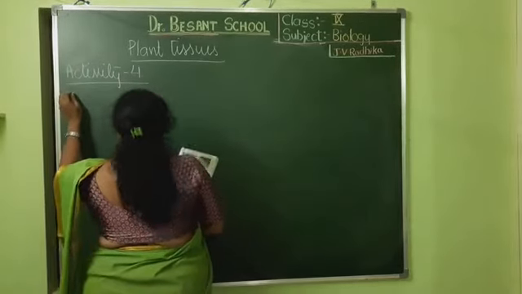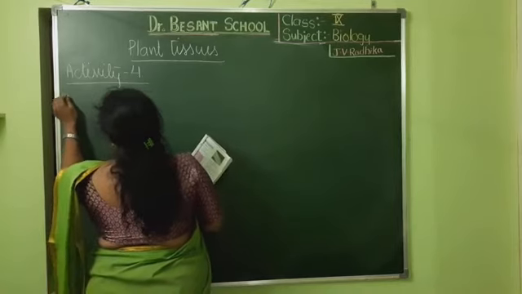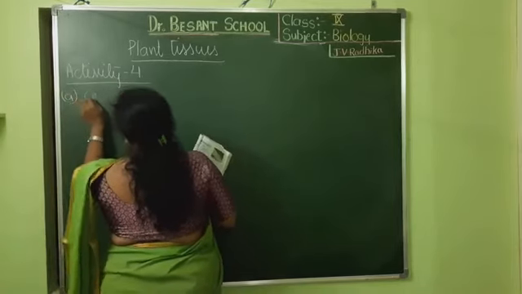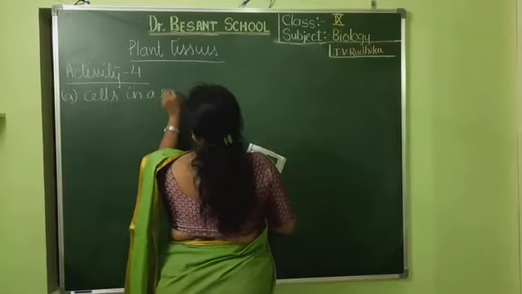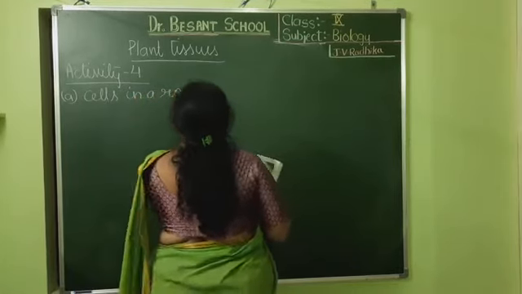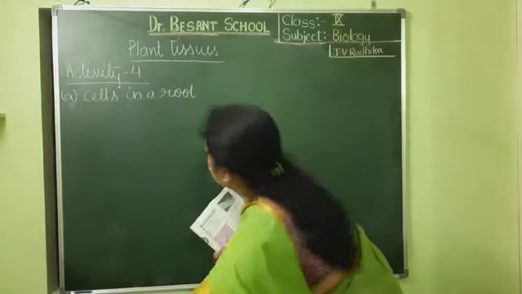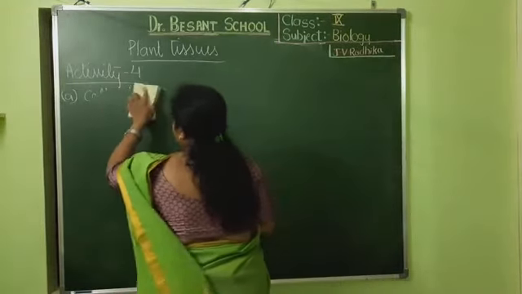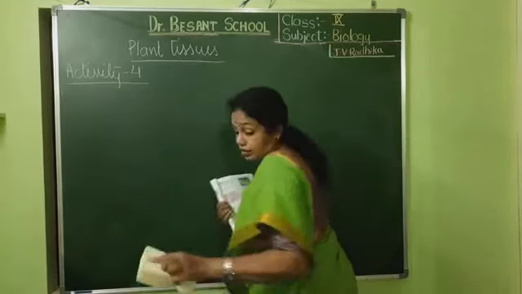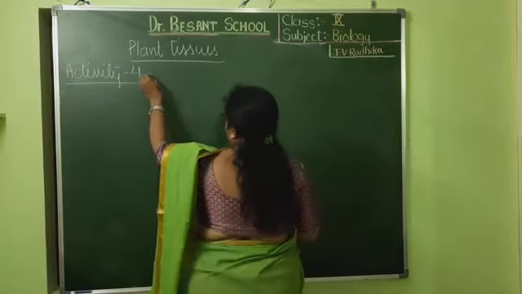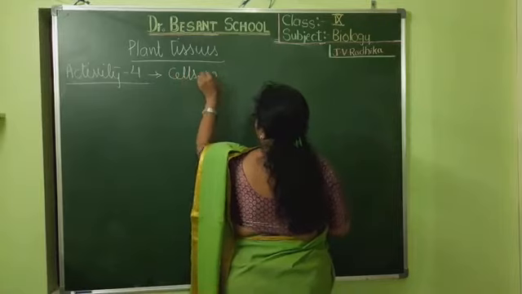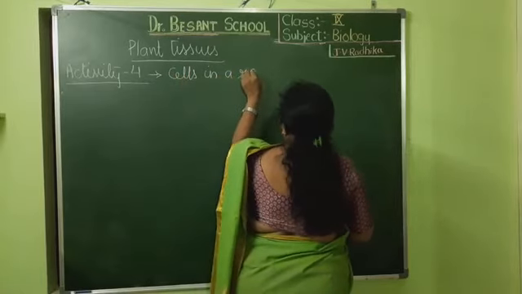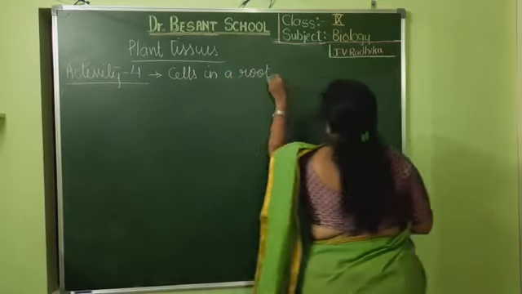Cells in a root tip. In this, A and B parts are given. I just write it on top so that I can save the space. Cells in a root tip.